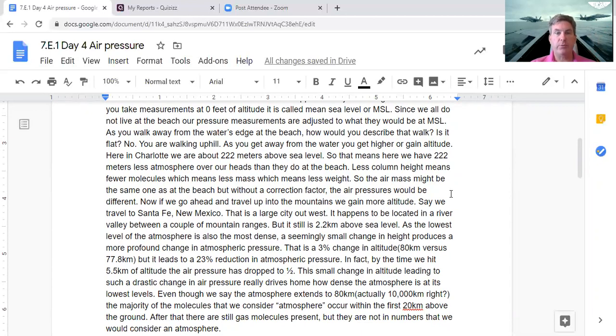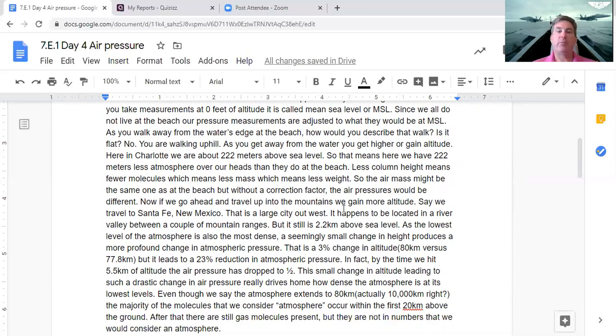So the pressure would be basically the same across the mass between here and there. But if we took an actual reading, because we're higher, it would be less. The weather service corrects it for sea level so that everybody has an understanding of the pressure that is relevant to the weather.